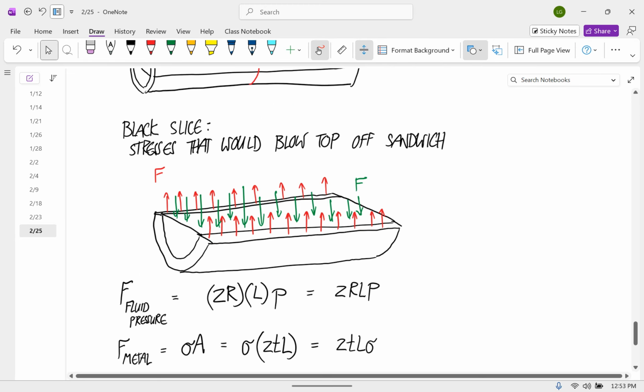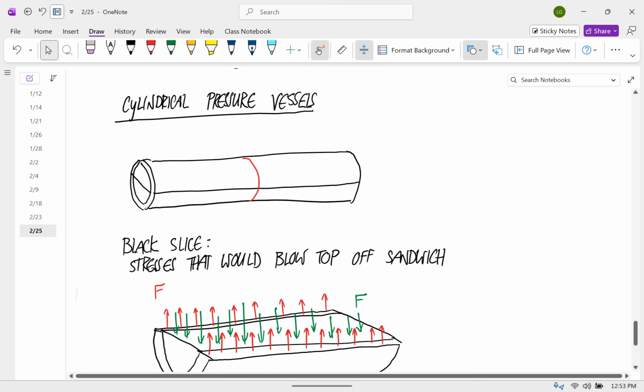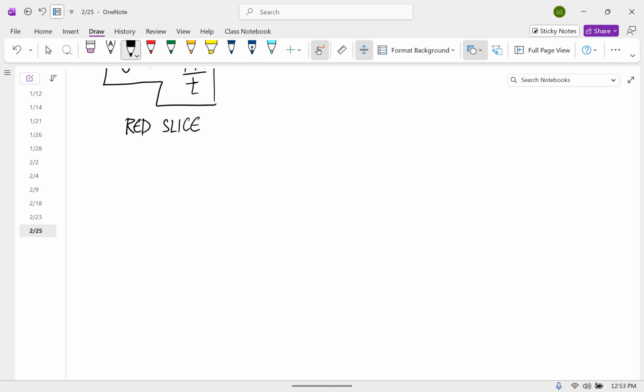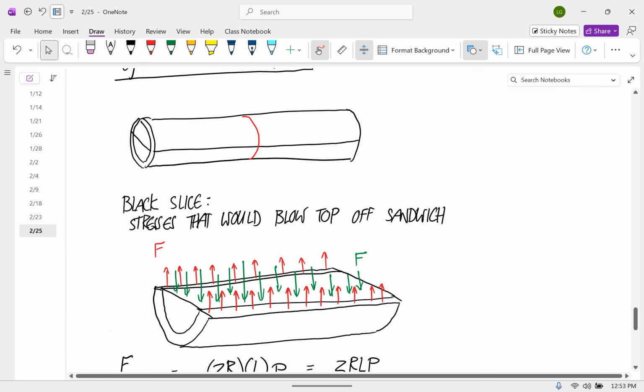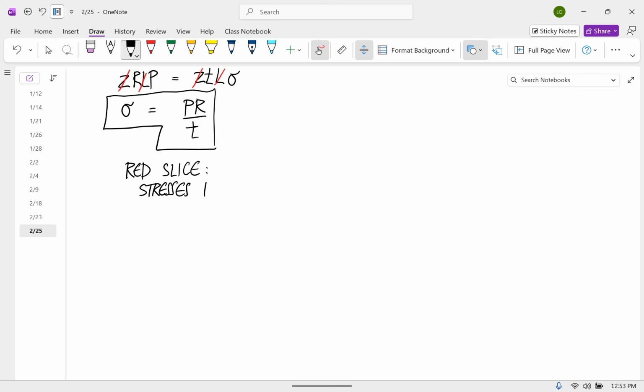And now we're going to go to the red seam, so the red slice. Now we're going to calculate stresses that would blow the left and right halves of the sandwich apart.